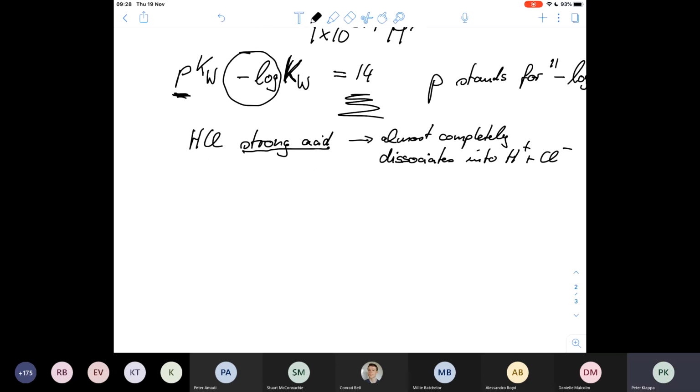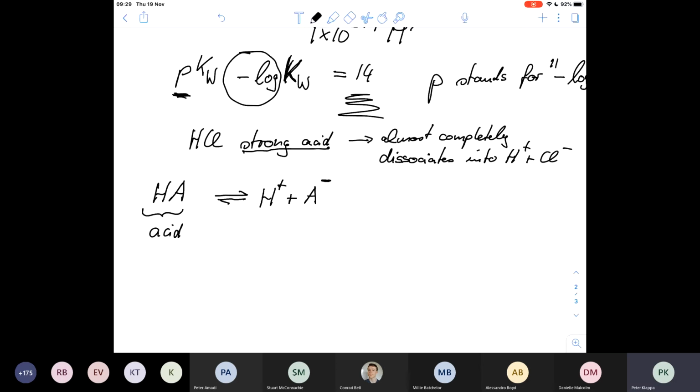So let's have a look. Let's write this in general terms. Let's say we have HA, and that should be our acid. Okay? And this acid dissociates into H plus and A minus.